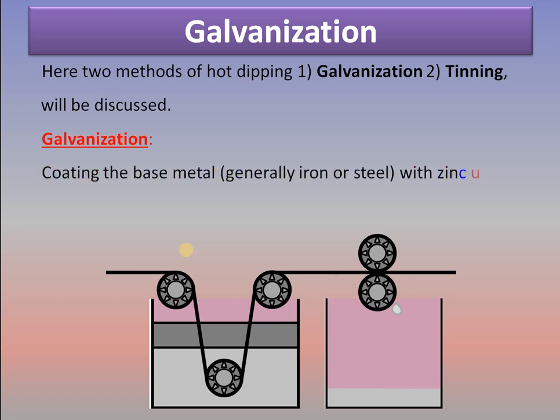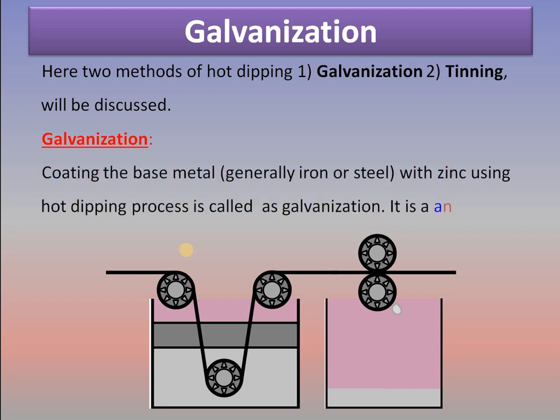Coating the base metal with zinc using the hot dipping process is called galvanization. In galvanization, generally iron or steel is used as a base metal while zinc is used as a coating metal, and it is an anodic coating.